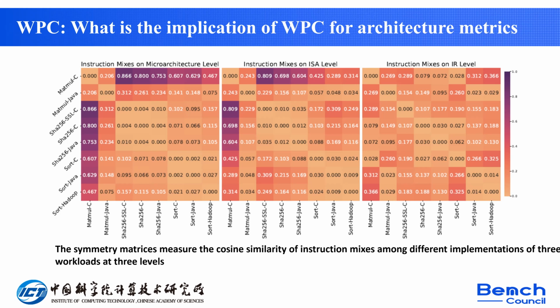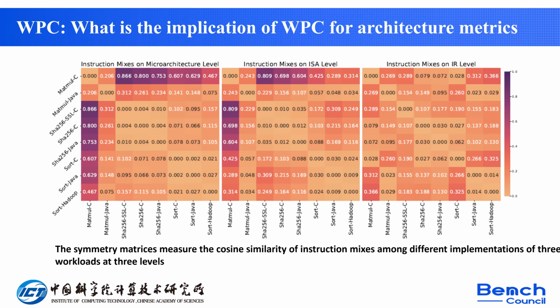Third, implementations of the same workloads calling a dynamic link library or directly implementing the function in the source code have significantly different workloads at the IR level.